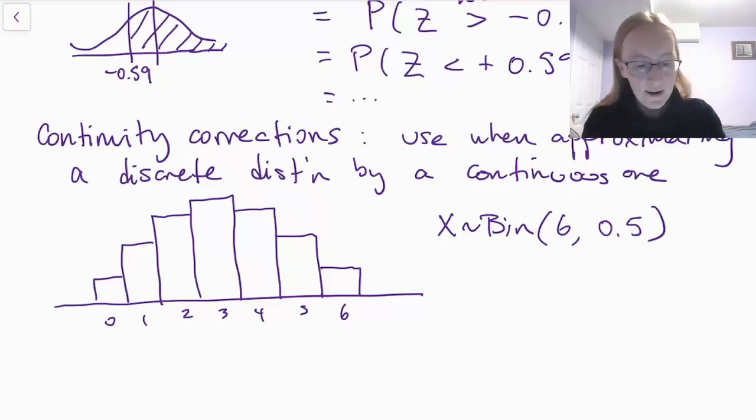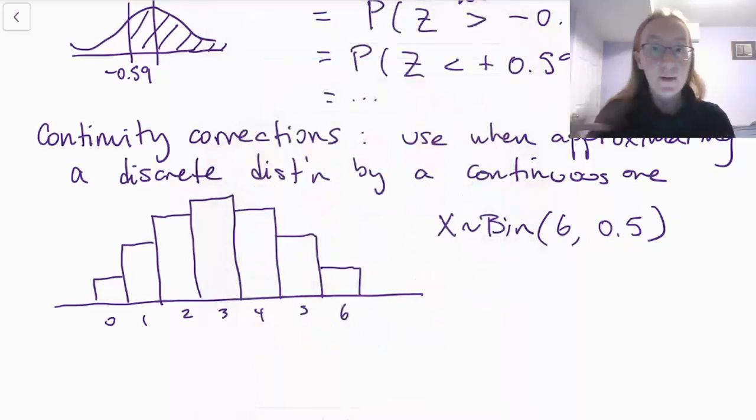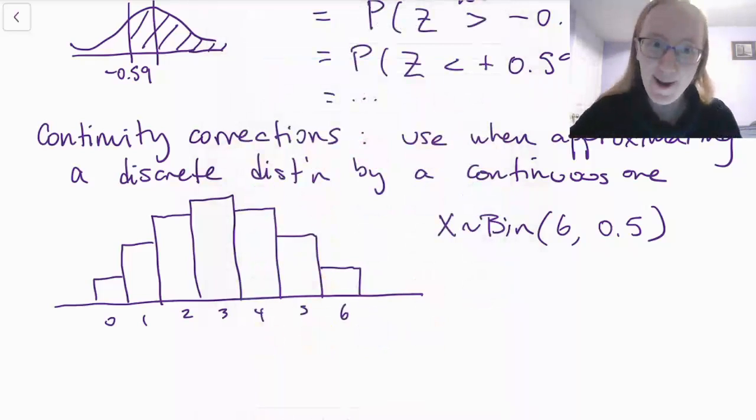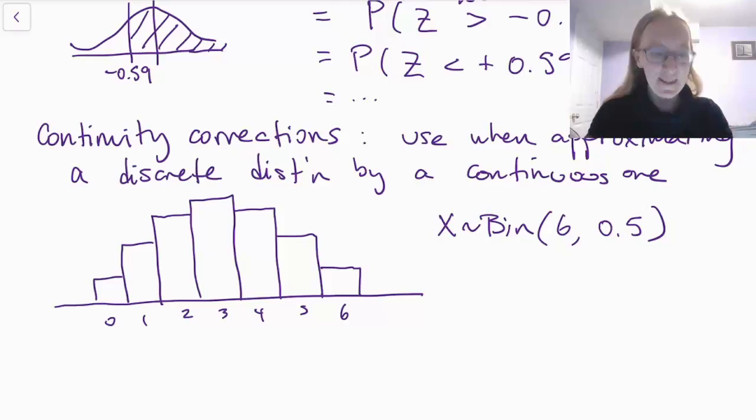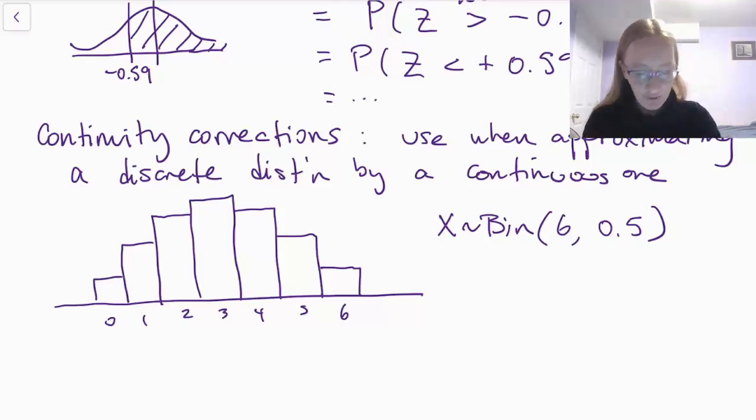If we are doing a normal approximation to this, which would be a really bad approximation actually, since 6 is not big enough for the central limit theorem to apply, but just imagine we were, then we would basically overlay a normal distribution over top of this histogram.